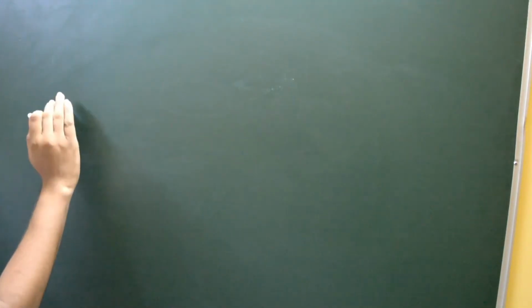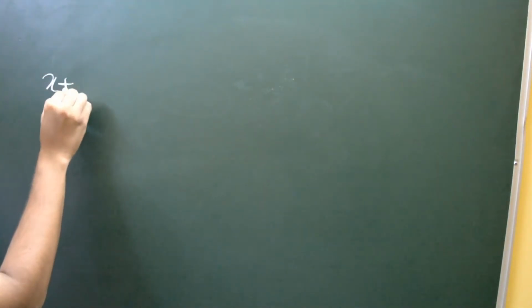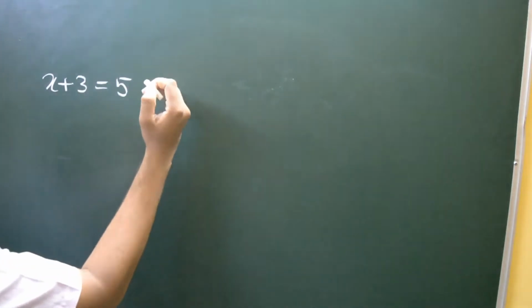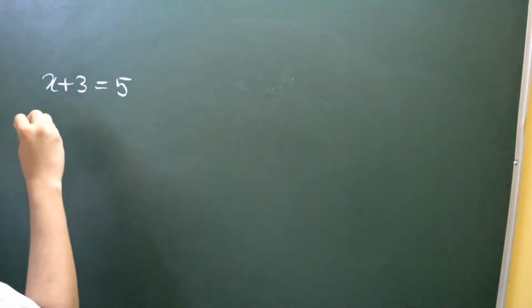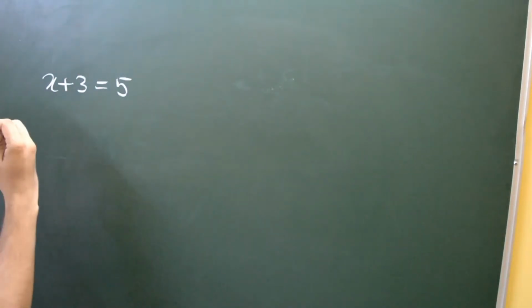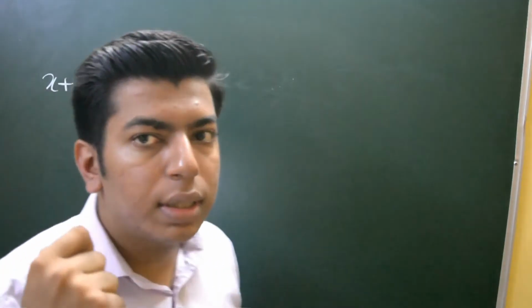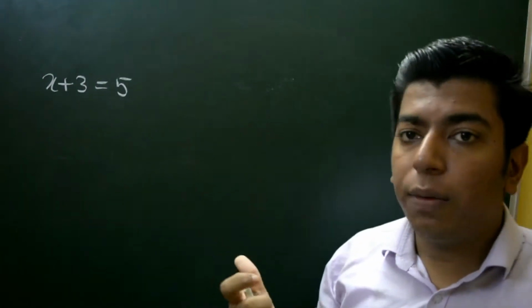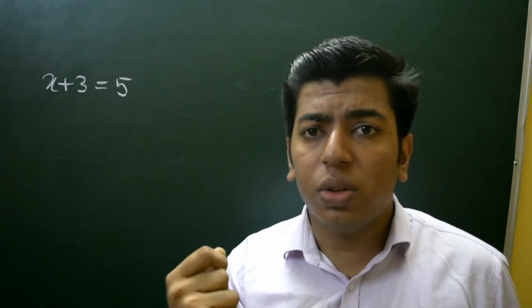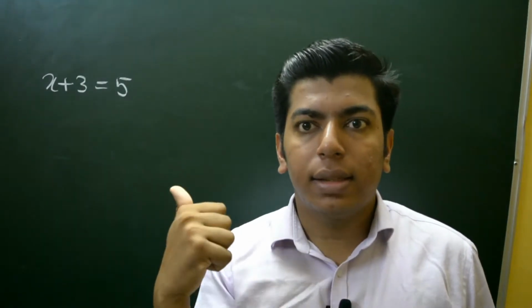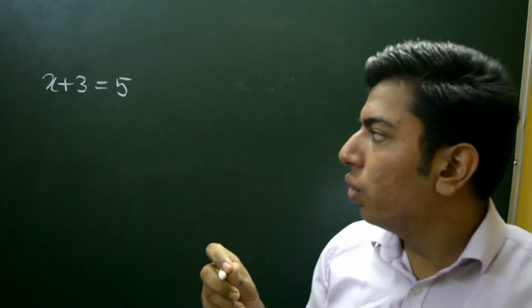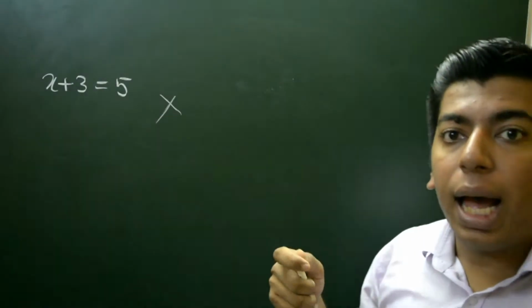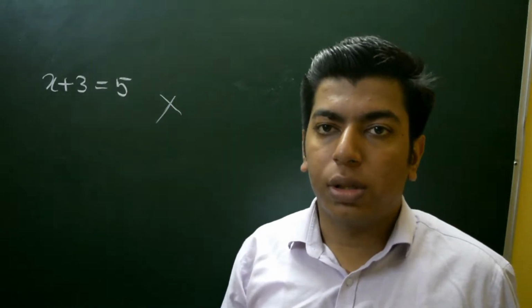Now we will take one more example, similar to x plus 3 equal to 5, where x is not mentioned. Is it a statement or not? Guess it. And if it is a statement, on what basis do you declare that it is a statement? This is not a statement because it can be either true or false.